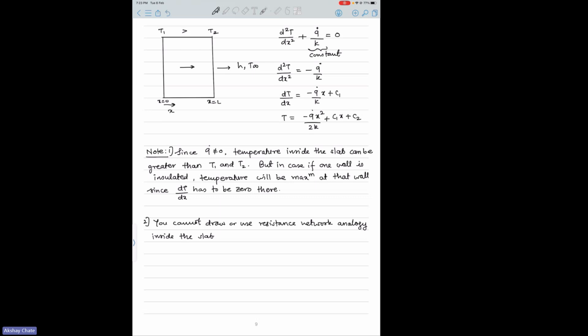So from the wall at x equal to L to the ambient at T infinity, you can still draw that 1 by hA kind of analogy.